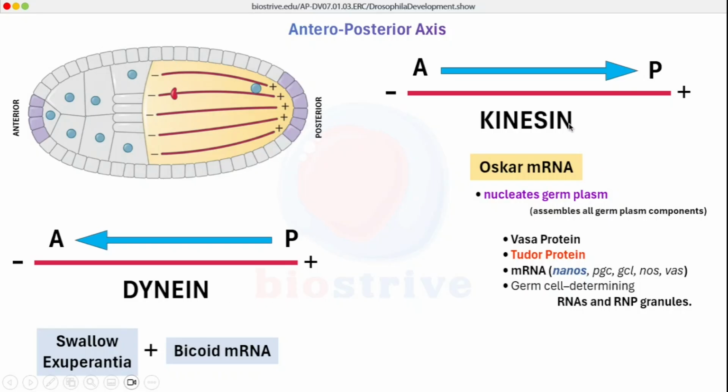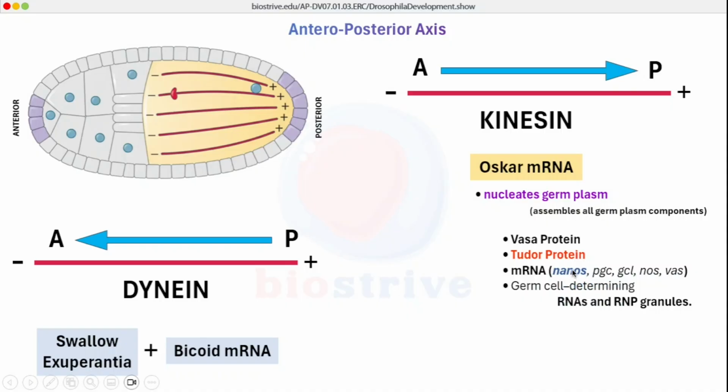Now similarly, the kinesin, which is a positively acting motor protein, will carry Oskar mRNA, and when Oskar mRNA reaches the posterior side, it will nucleate the germplasm, which means that it will localize certain specific proteins like Vasa protein, Tudor protein, and certain mRNAs like nanos mRNA.